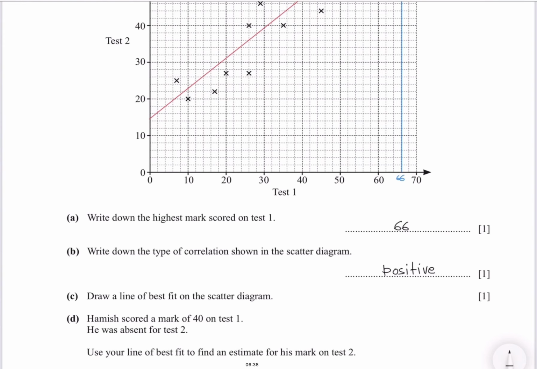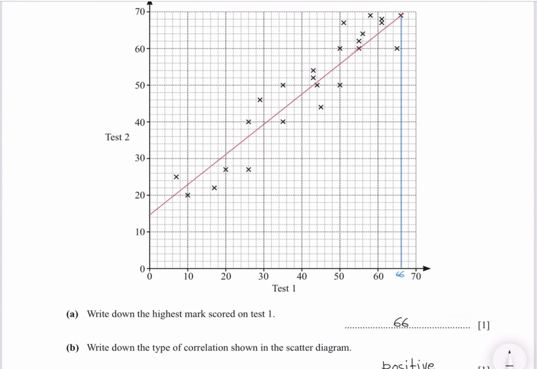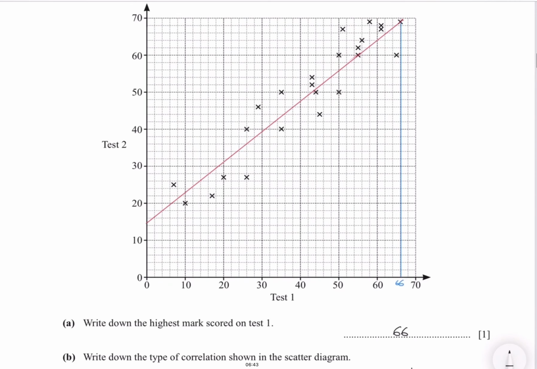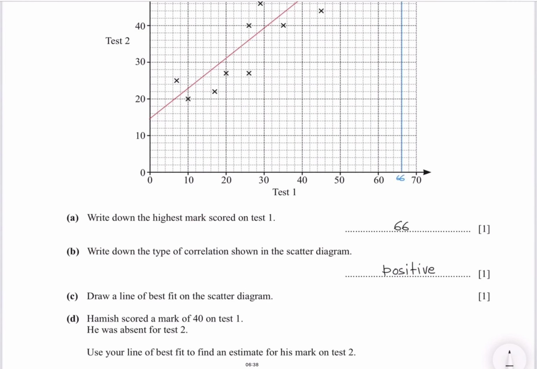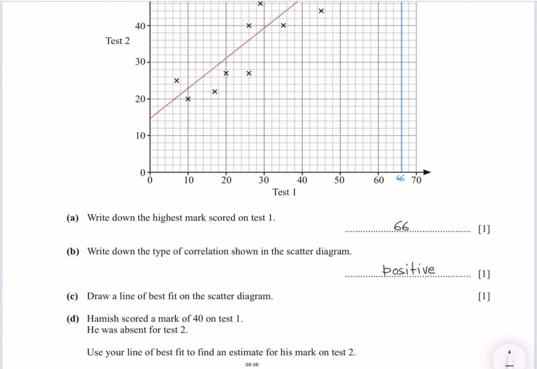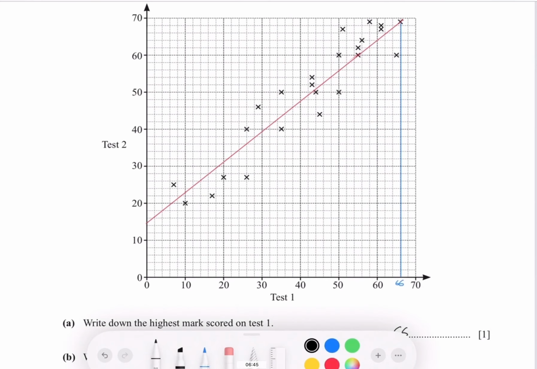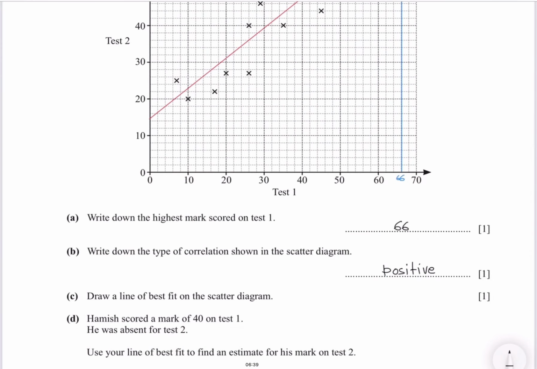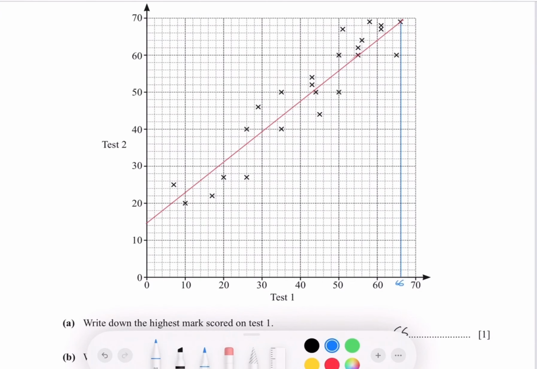Hamish scored a mark of 40 on test 1. He was absent for test 2. Use your line of best fit to find an estimate for his mark on test 2.